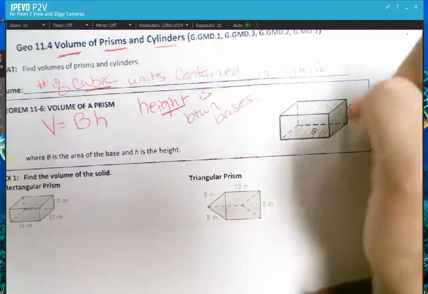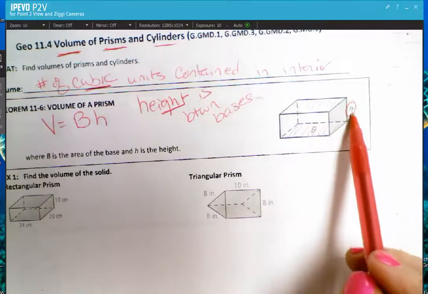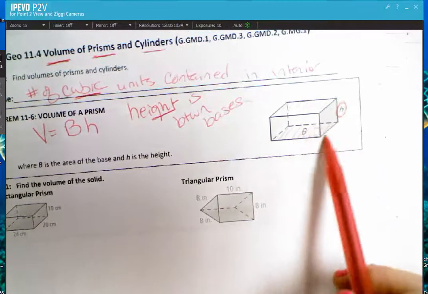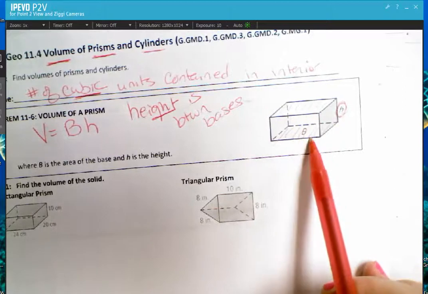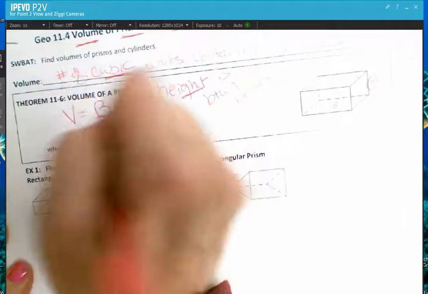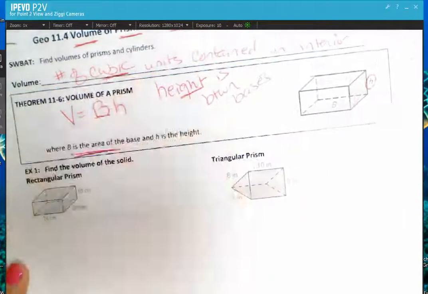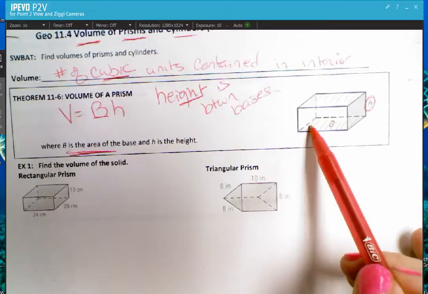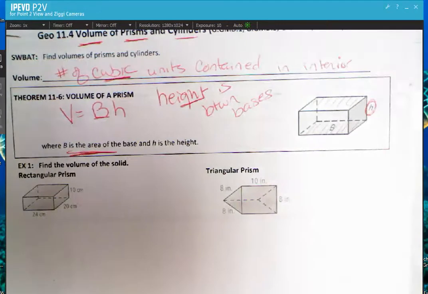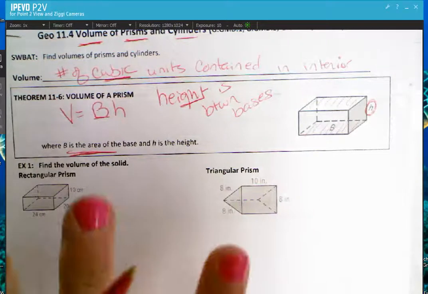And then I always circle my height so that I know that's the height I'm talking about, because sometimes I also have a height inside the base figure if I'm trying to find out the base area first. So capital B is the base area. If I find this area and then stack them all up this high, I end up with the volume of the figure. So let's try one.